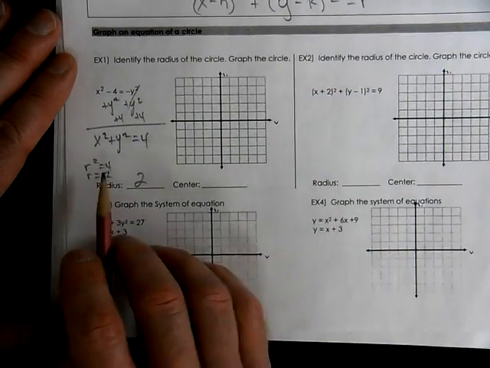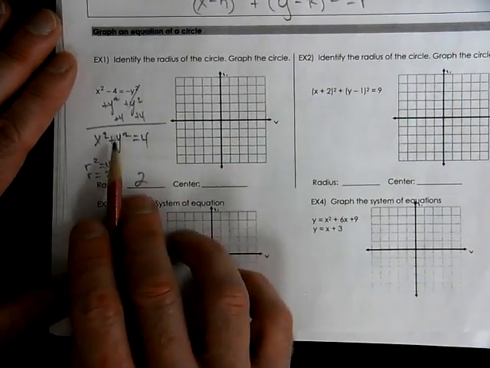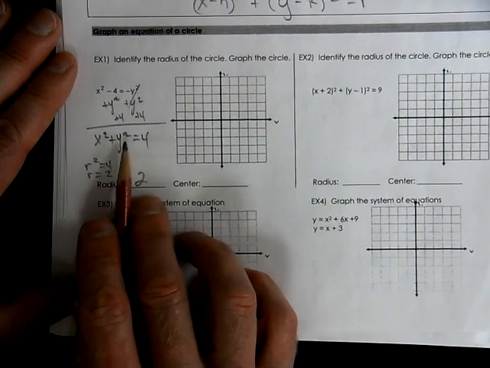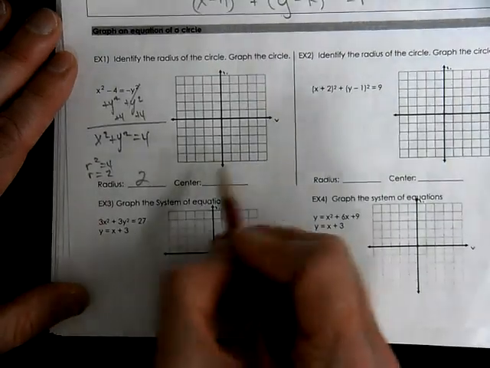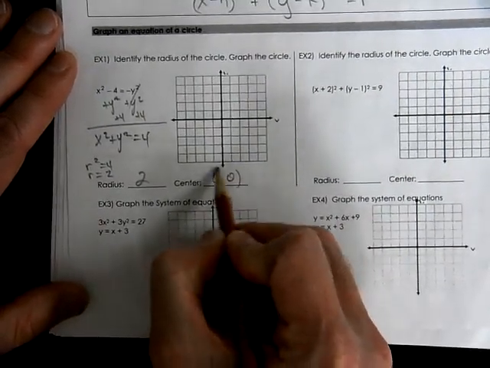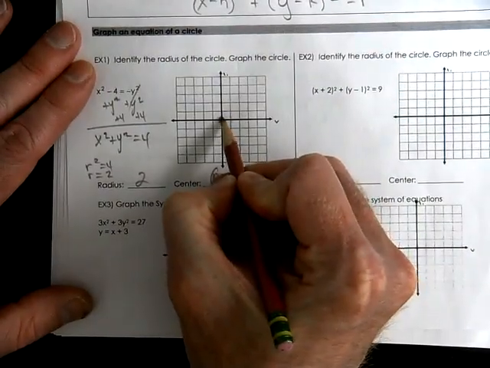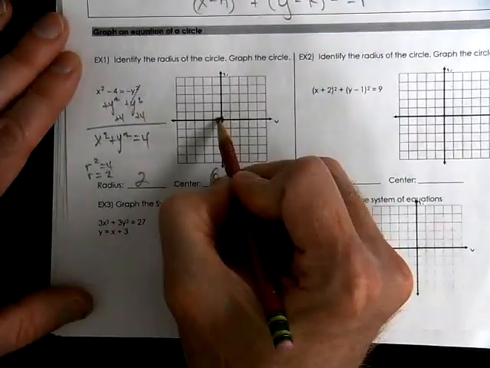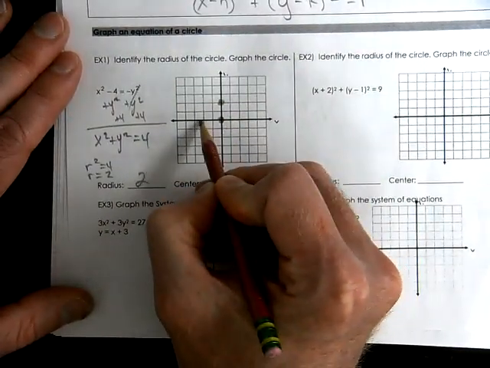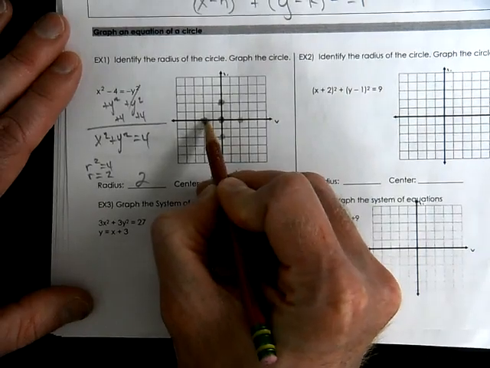And our center is the value inside the parentheses. We don't have parentheses, just x minus 0 and y minus 0, so our center is at 0, 0. So we find our center, 0, 0, and we do our radius of 2: count 2 up, 2 left, 2 down, 2 right.